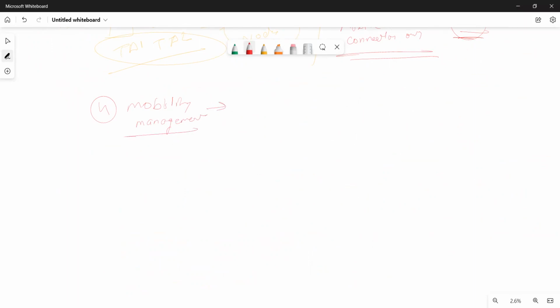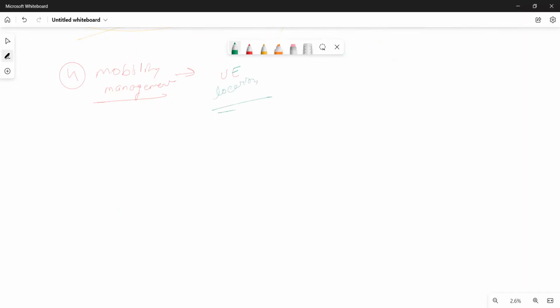In the case of mobility management, what happens? Mobility management is used to maintain the knowledge of, again, the UE's location within the network.